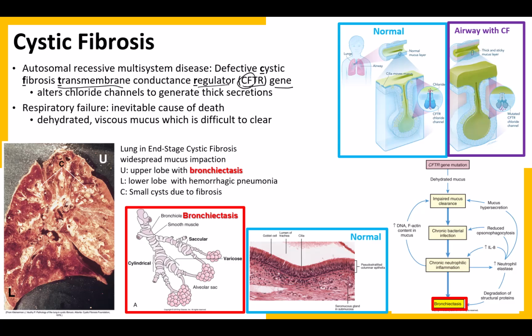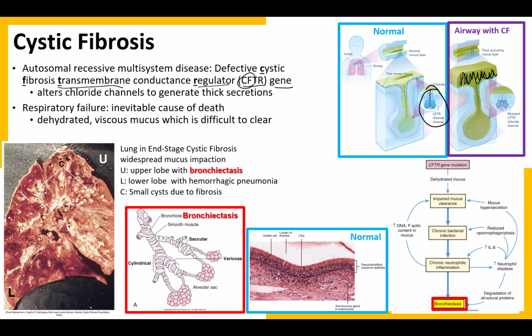So what happens is that the CFTR gene is involved in production of chloride ion channels. So you've got here chloride ion channels that allow chloride ions to diffuse across the membrane. If that's defective, what happens is that the mucus that's produced becomes thicker than normal, right?